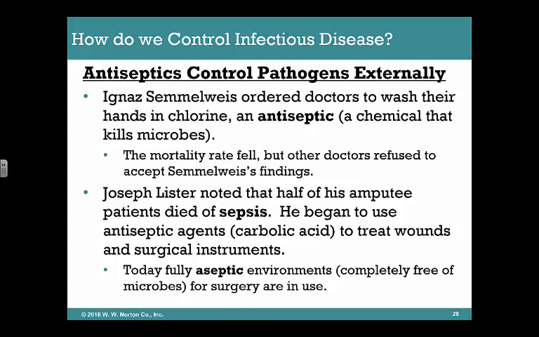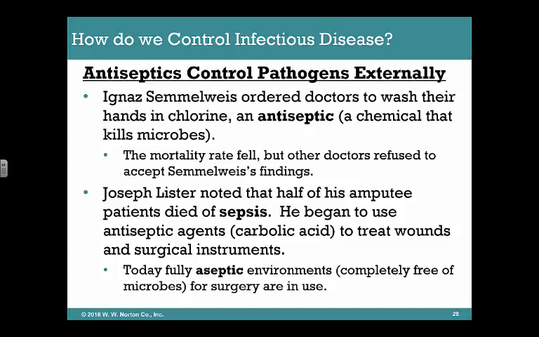One of those physicians was Ignaz Semmelweis, and he found that there was a very high mortality rate in the maternity ward of his hospital, but that it was often correlated with physicians coming from the surgical suite, from surgery on another patient, and without washing their hands, going to aid in a delivery.